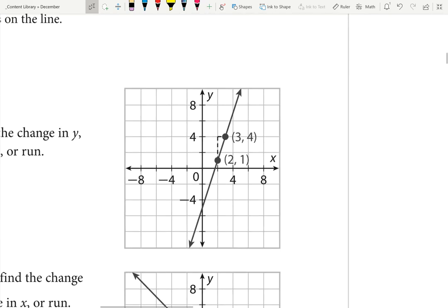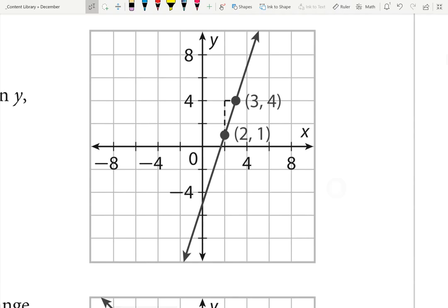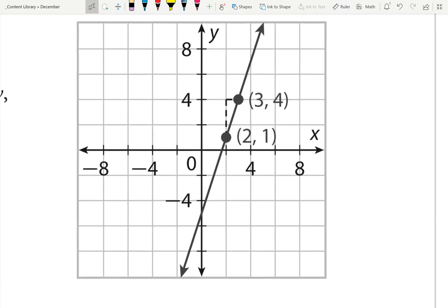All right. So the slope of this line, if we're counting rise over run, notice we start with the y values. We're looking at the y-axis and how far up this graph goes. Now, this graph starts at 1 because this point here is at 1, and it goes up to 4.